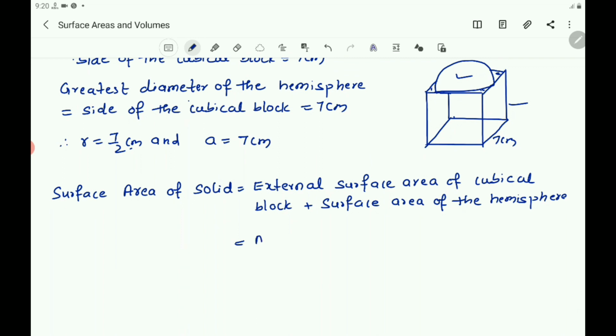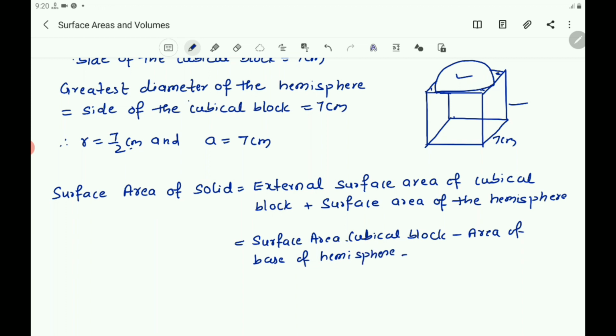Surface area of the cubical block minus the area of the base of the hemisphere plus the CSA of the hemisphere.